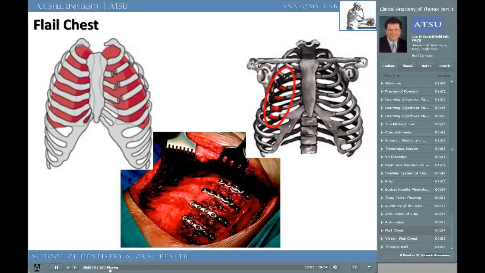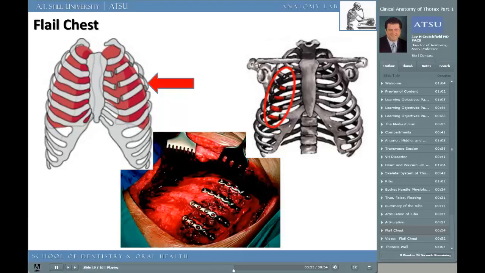Here's a video which I have re-edited and linked to YouTube. It shows a flail chest in a patient who has had a traumatic injury and probably hit his chest on a steering wheel. It shows a chest tube in place laterally, and you can see as he breathes that the pulmonary excursions of the flail chest are opposite of the remainder of the lung.